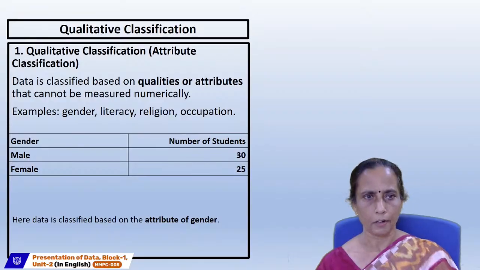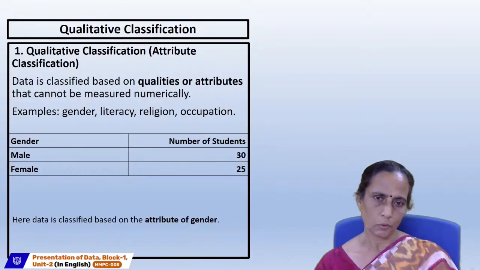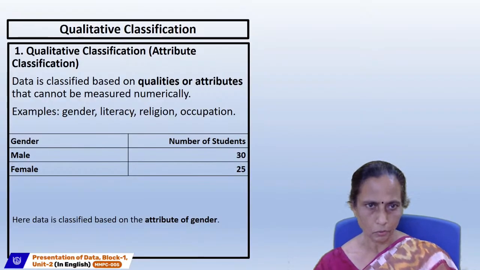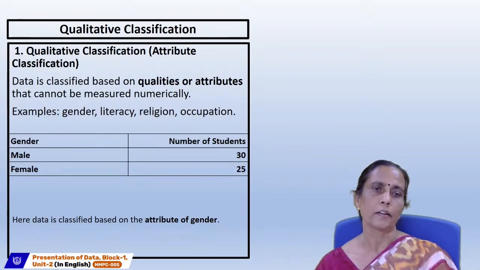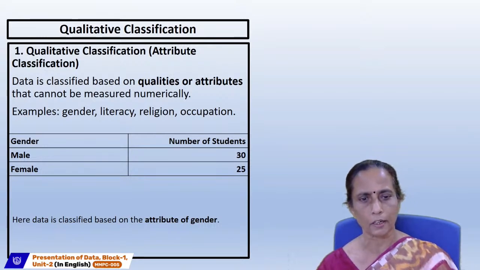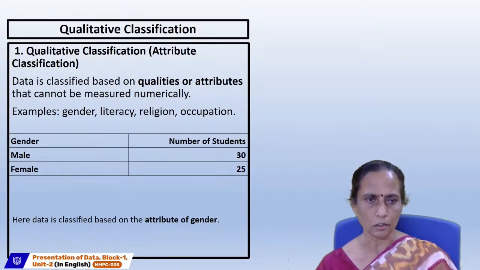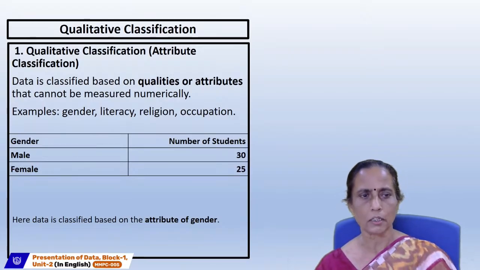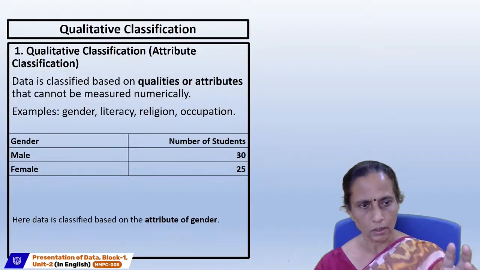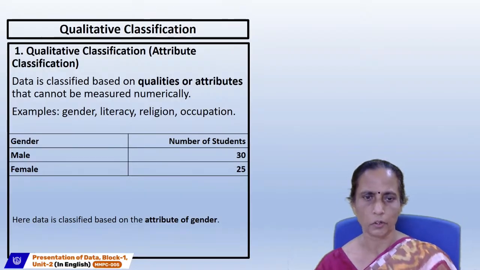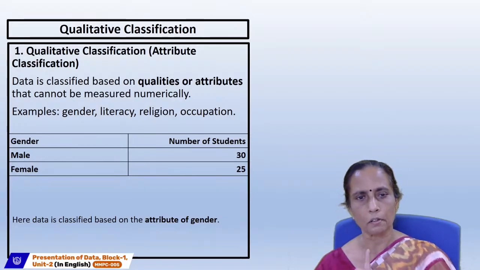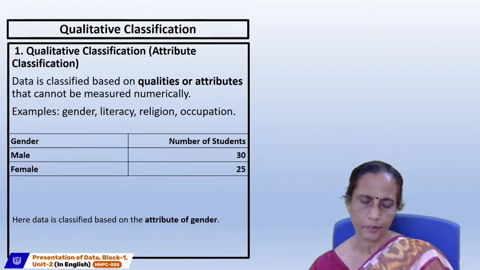Okay, moving forward. Qualitative classification, as we discussed previously, is based on a specific attribute or characteristic. Suppose I have collected the data of 50 or 55 students, and I have categorized them as boys and girls, or male and female. So here I have classified the data based on the attribute that is gender.